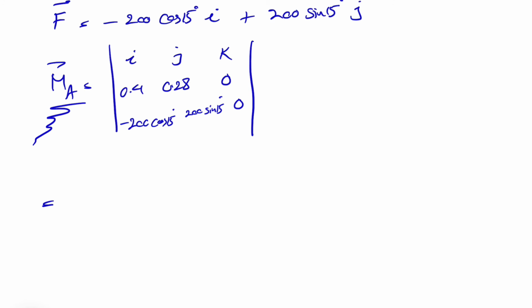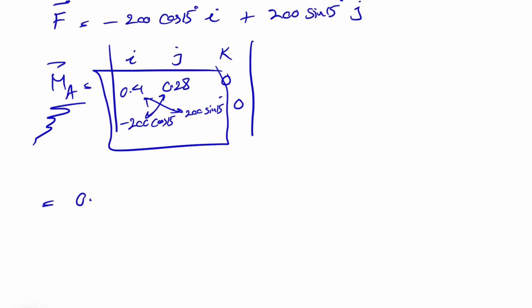But if we look at the determinant, the I component, since we have the cross multiplication of these two, will be 0, and we have the same thing for j. If we cover the j, we have the cross multiplication of x and z, again 0.